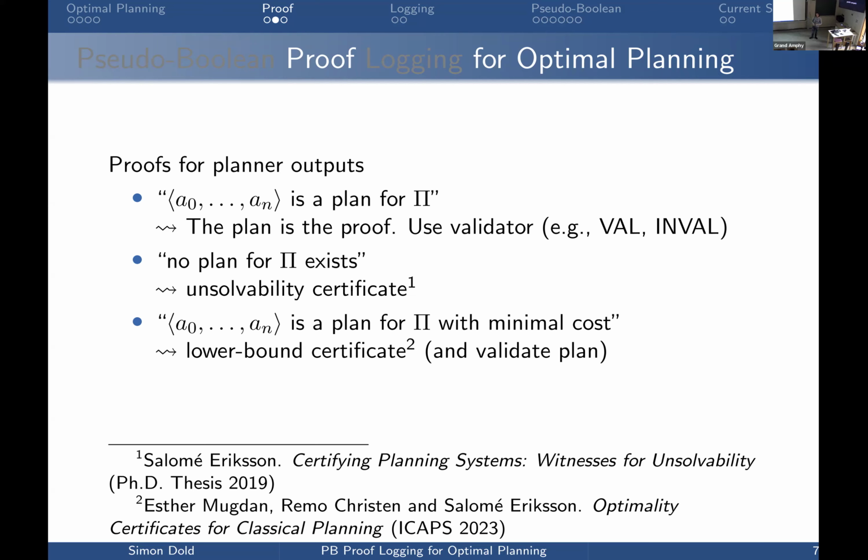So they provided lower bound certificates that say, no plan of cost 10 or less can exist. And if you also provide one plan of length 11, then you know that's an optimal plan. And in this work, we are tackling the third bullet point here in a different formalism.